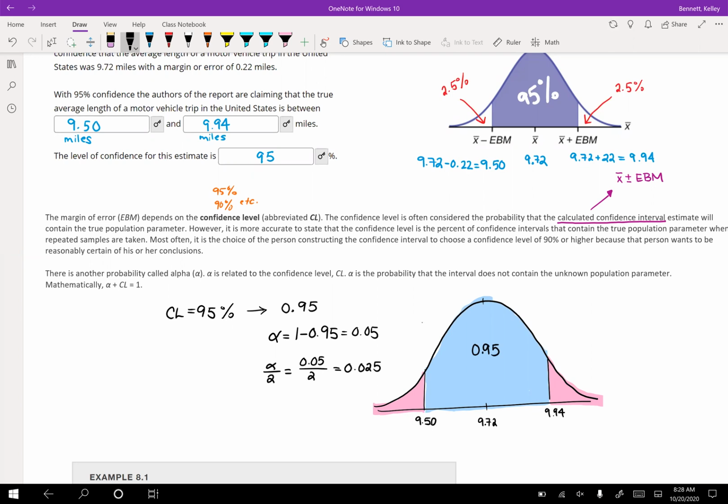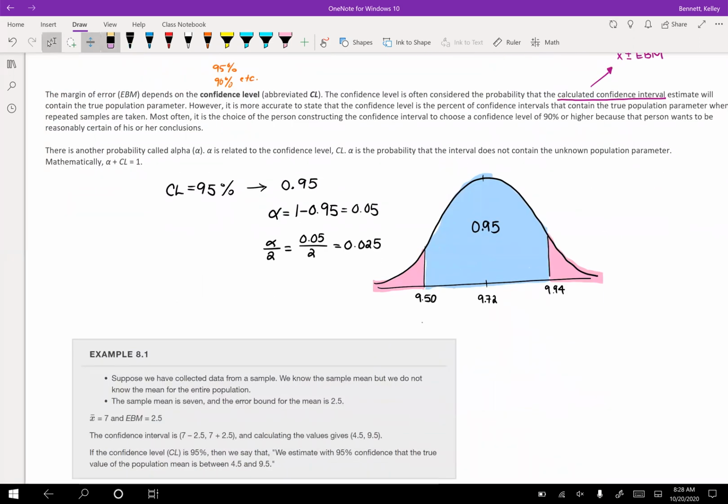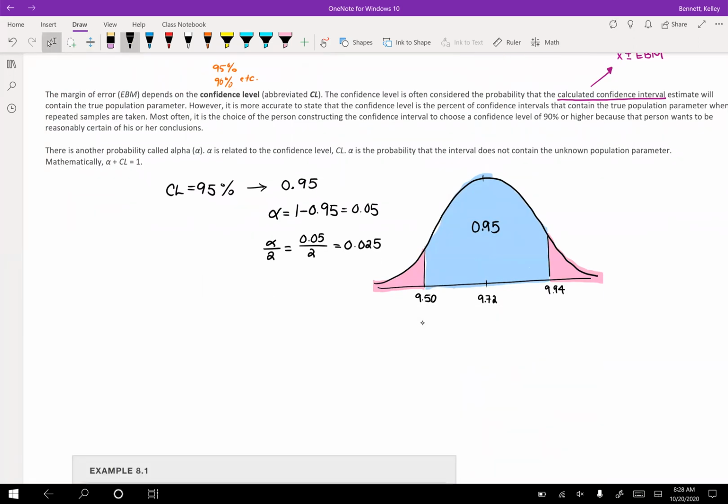We're going to see notation that looks like this: Z of 0.025.